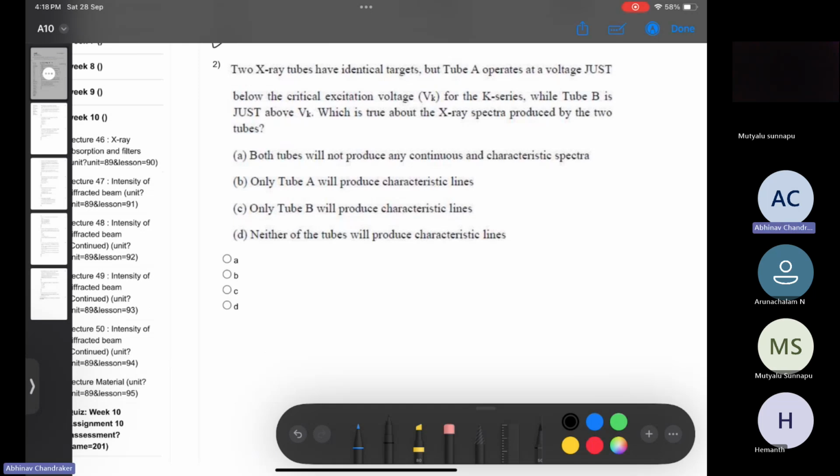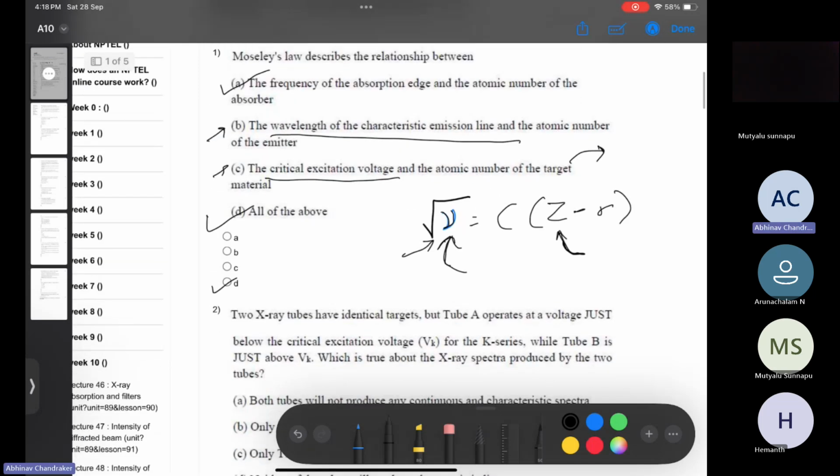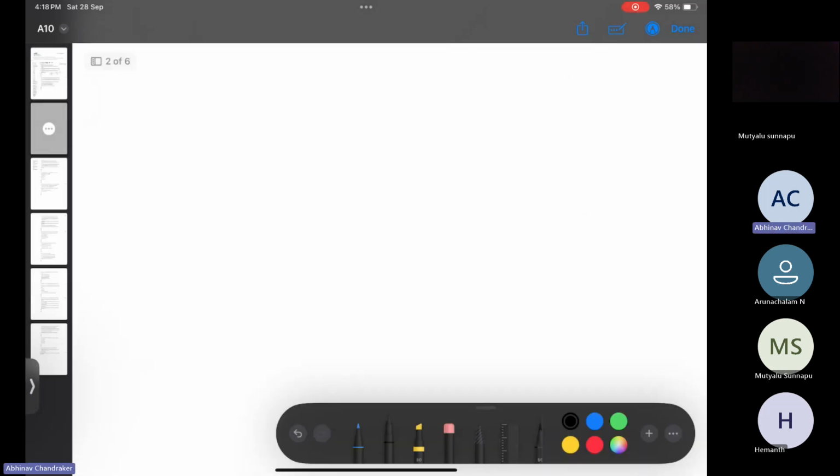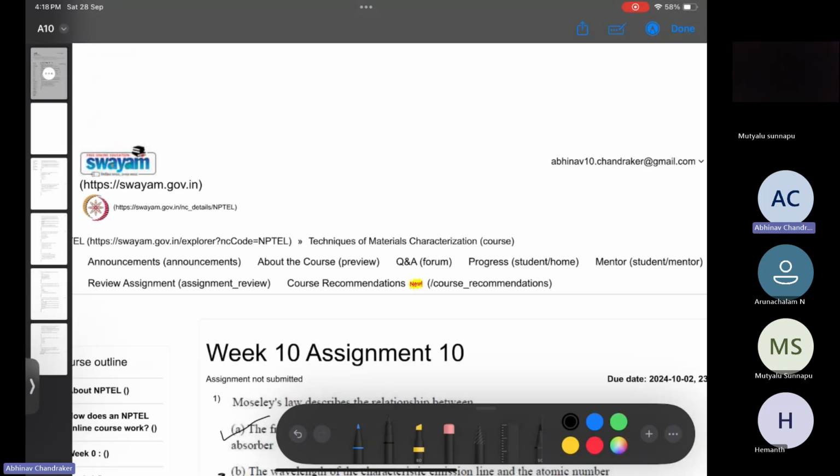Also, in case the previous question's explanation was not satisfactory, I can just show it by a diagram to make it easier to understand.